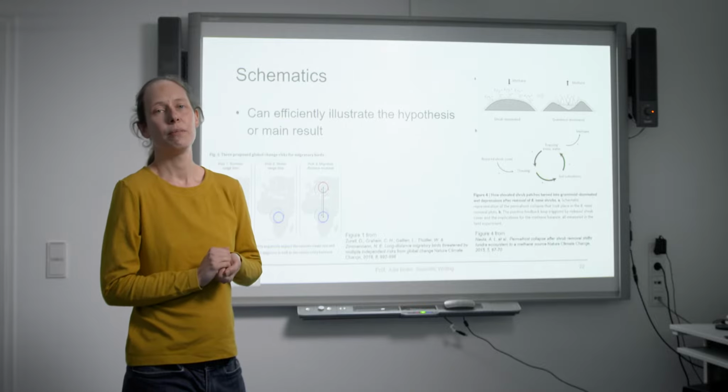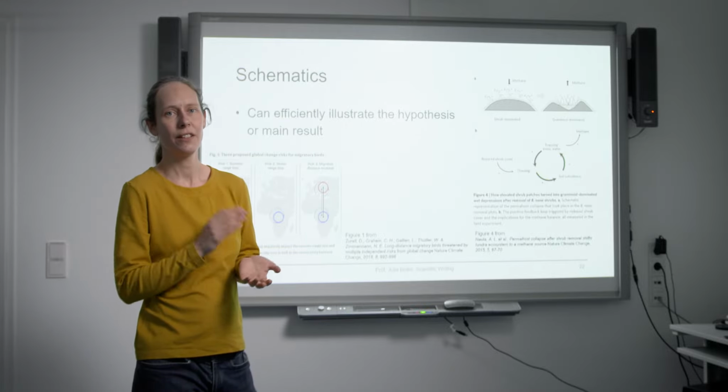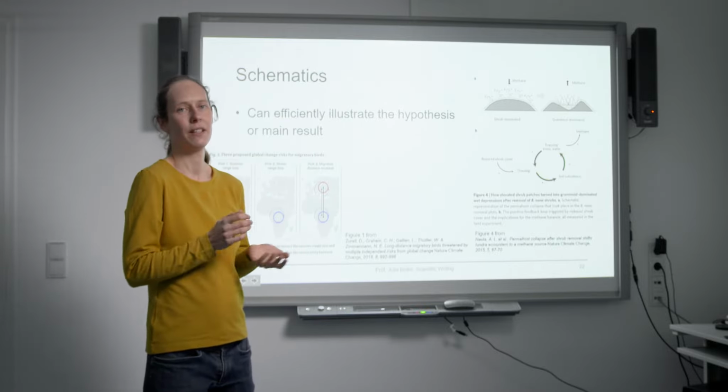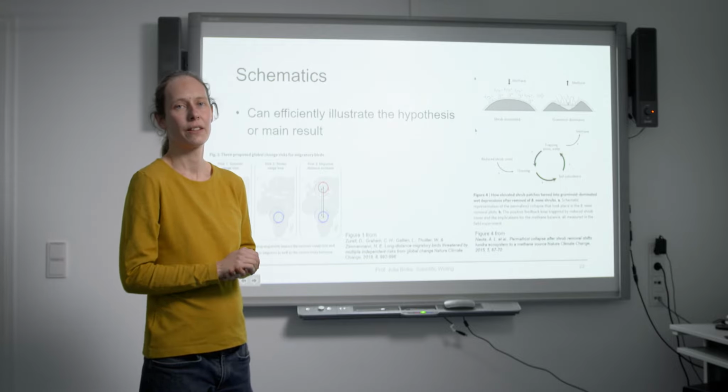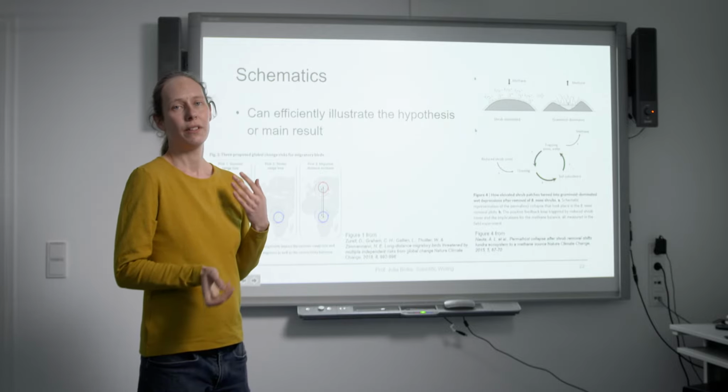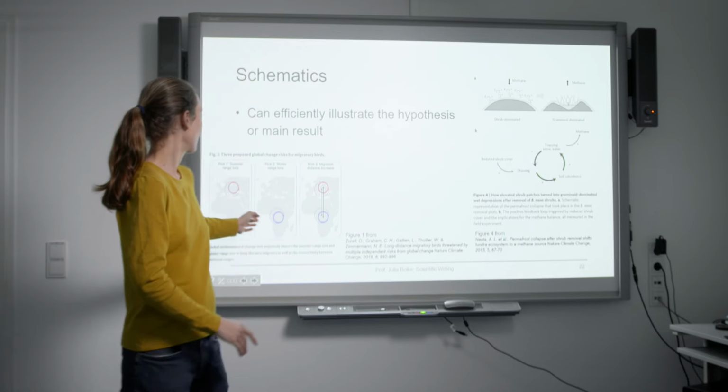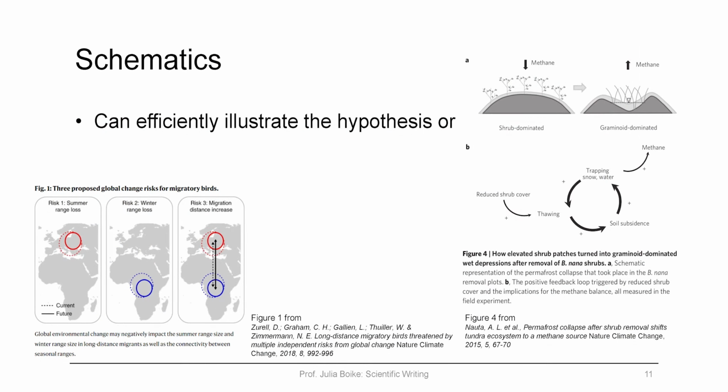Schematics can not only be useful in the method section, the results can also be really nicely shown with schematics, or even the main hypotheses. For example, this figure shows global change risks for migratory birds. And it defines 3 different types of risks. First, they can lose range.